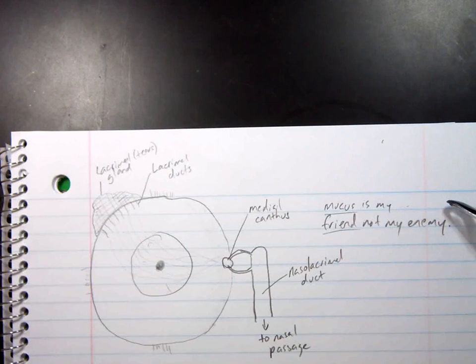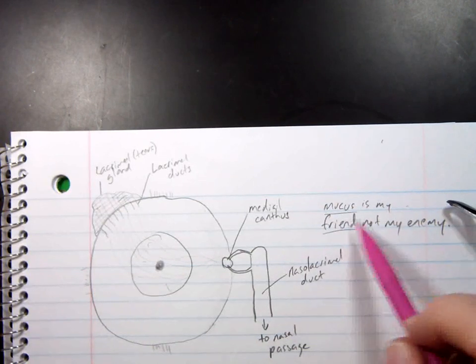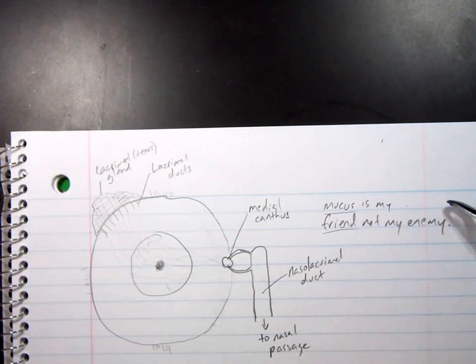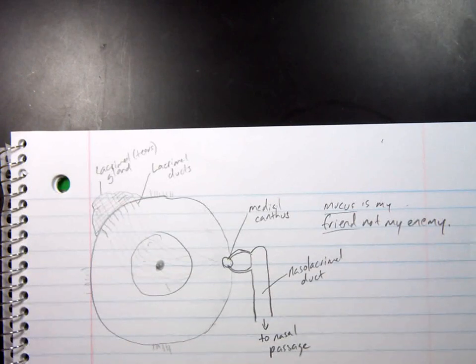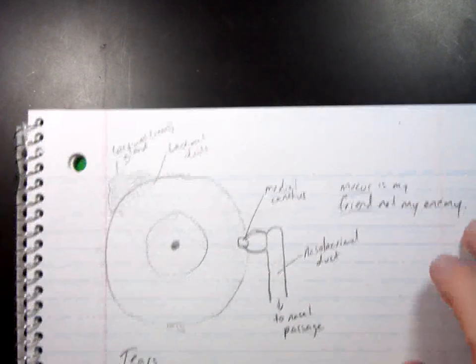You can't. Because pus is white blood cells that fought and died to defend your body against foreign invaders. So even that you can't really be upset with. But mucus is my friend, not my enemy. I feel like we need t-shirts to be made. Probably nobody would wear them just because most people don't want to wear a shirt that has mucus on it.